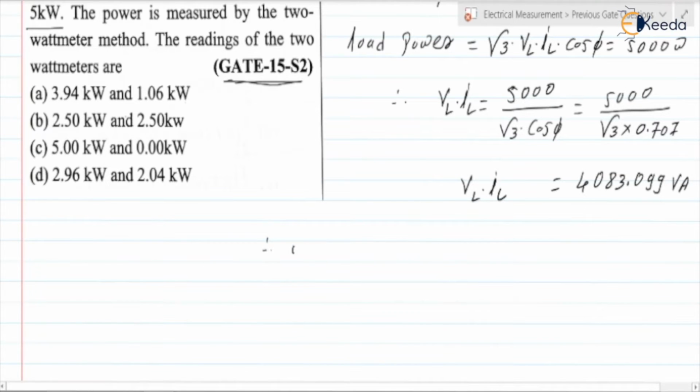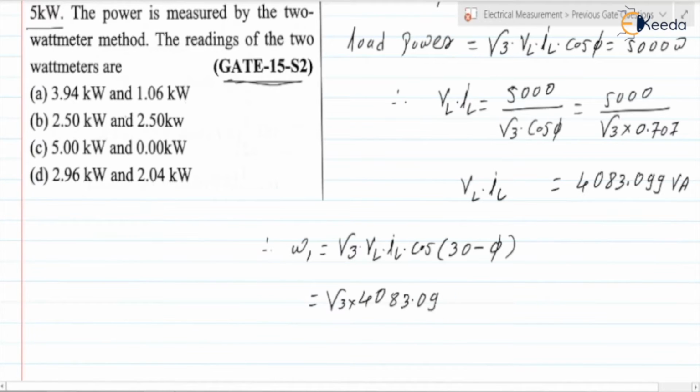So we can write wattmeter W1 reading is equal to root 3 into VL into IL into cos of 30 minus phi.